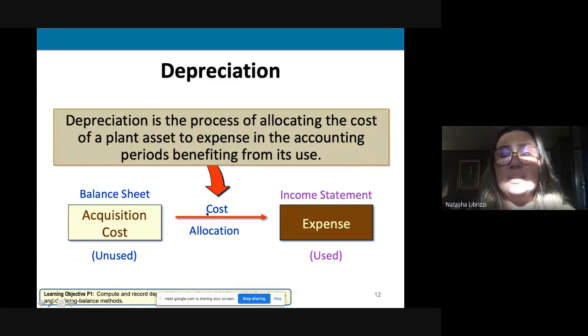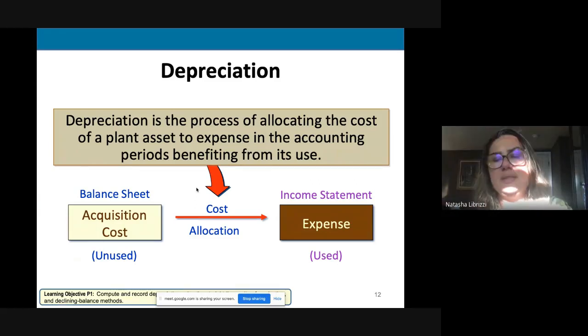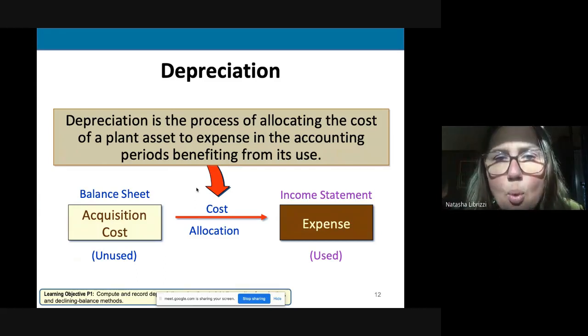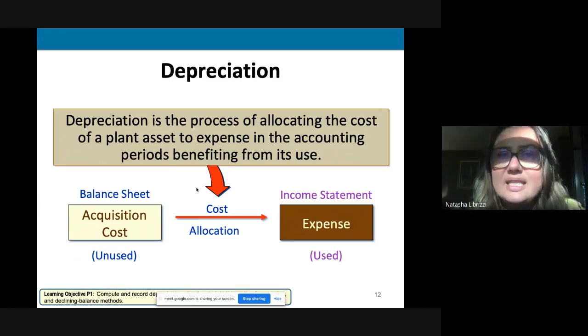So we're going to do cost allocation. The cost itself is sitting on the balance sheet, and then as time goes on, as we're using it, we slowly move it to the income statement and expense it. If I open a barber shop tomorrow, I'm not going to expense $30,000 of remodeling costs in one day, and then that year looks like I didn't make any money.